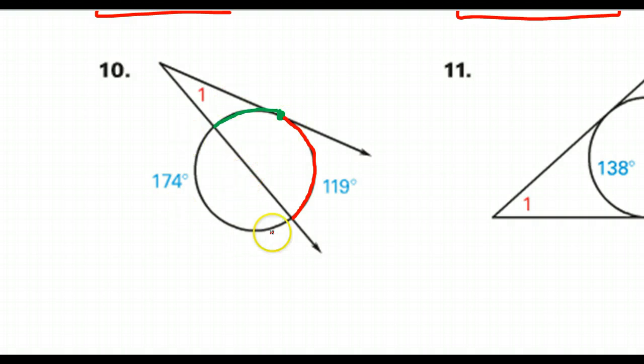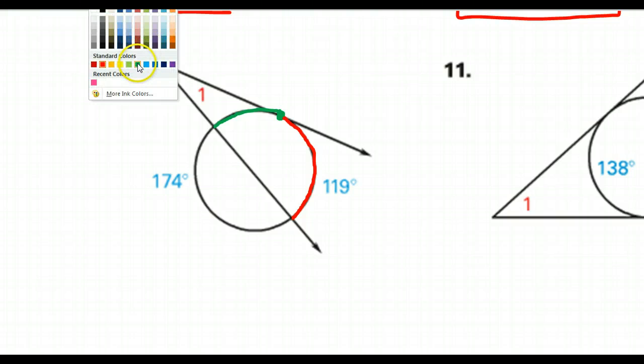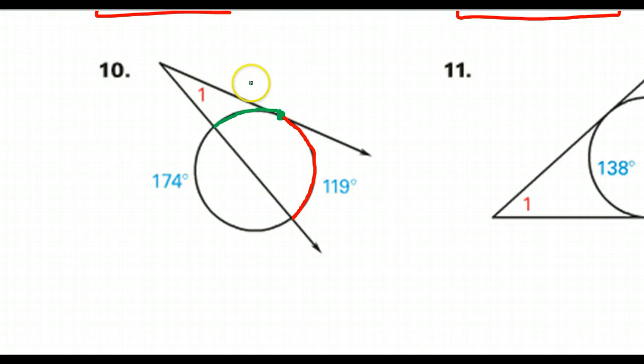Now, luckily, this circle is only made up of 3 arcs. It's got the 174, the 119, and the missing arc that I need here in green. So, I'm just going to draw an arrow there. Obviously, I can just subtract from 360. So subtract 174 and 119 from 360. That is 67 degrees.